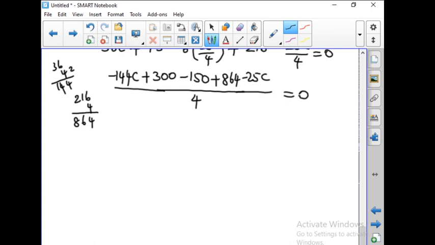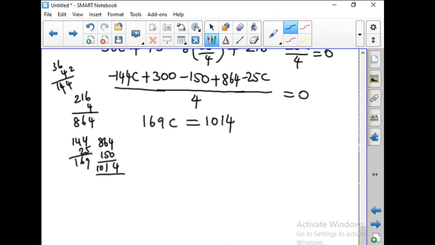So let us take −144 − 25, adding 144 and 25 gives 169c. On the other side, 300 minus 150 is 150, so 864 plus 150 is 1014.